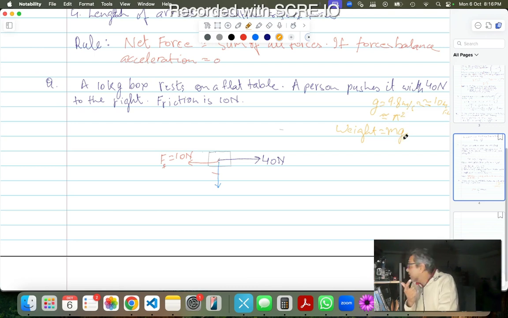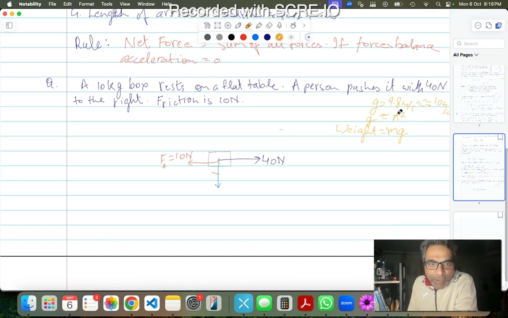That's an interesting thing, right? It's very interesting for solving some questions, maybe in other competitive examinations, where g can be taken as approximately pi square, because pi's value is 3.14, right? And if you square it, it gives you a 9.6, 9.7 kind of value. So we can take it as it is.